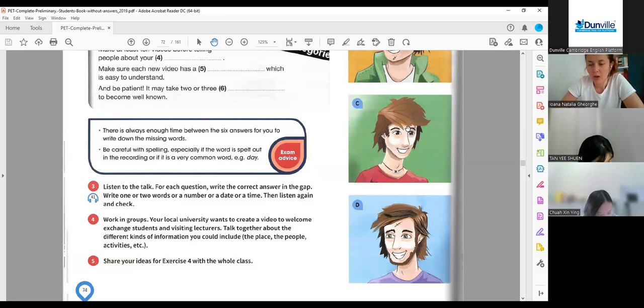So I want you now, not about the local university, but to think about your school. I know you both go to different schools, right? So think about what you would include about your school in that video to welcome exchange students.